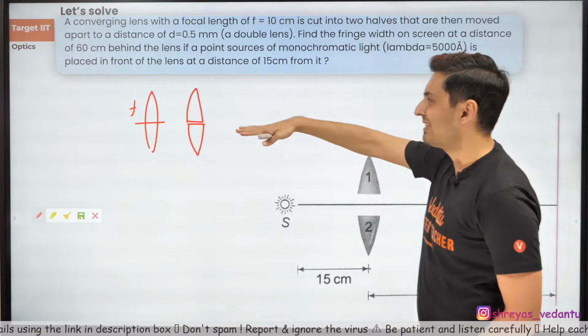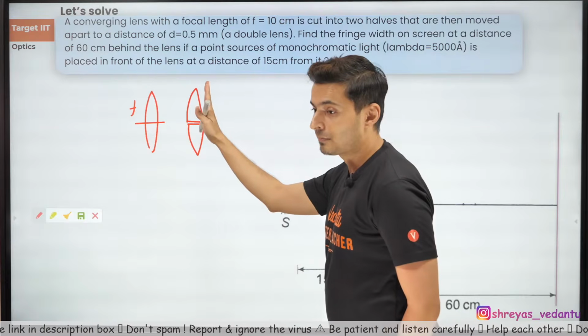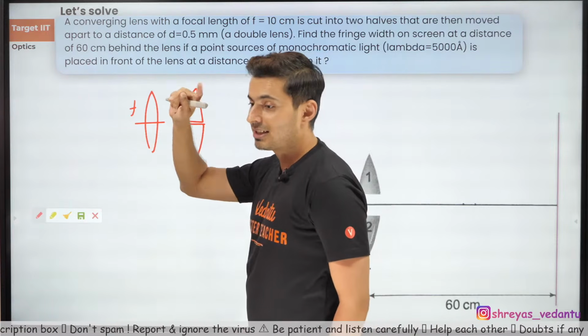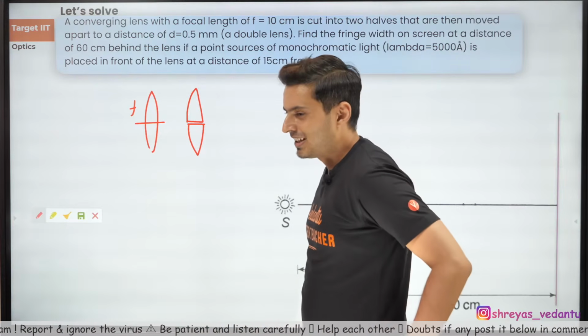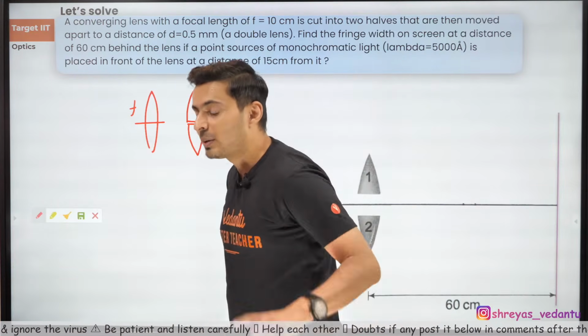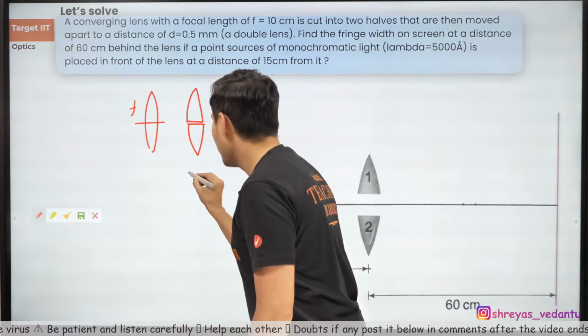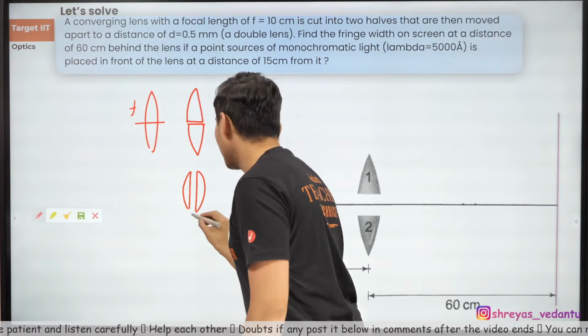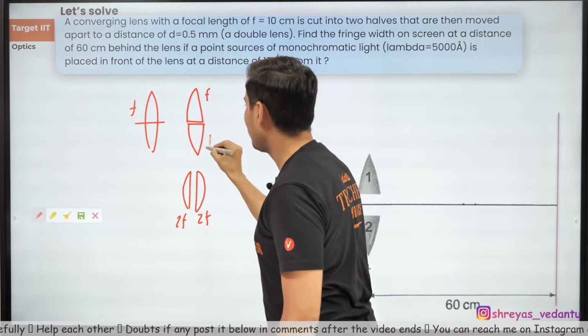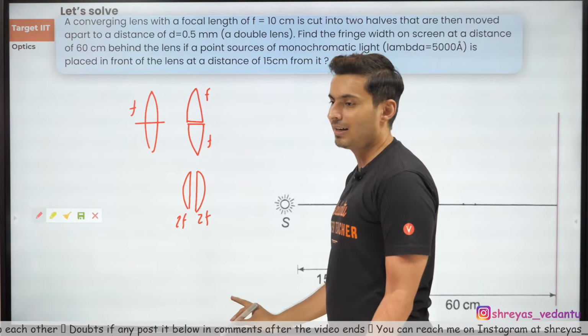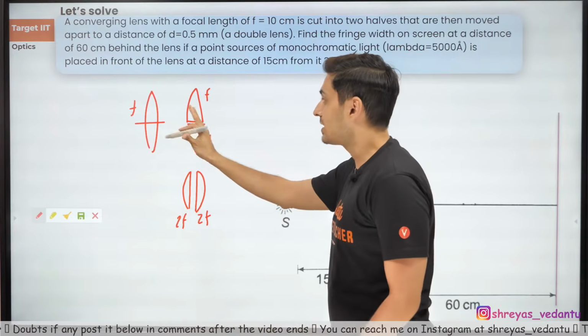I break the lens like this, not like that. Be careful. Oh, Ankit is saying twice. Okay, be careful. Is it twice? Are you sure? Very good, Nikki. It will be f only. Remember, only when you break it like this, then it is 2f and 2f, but when you break it like this, it is still f and f. Yeah, it is f and f only. No change, it will be the same.